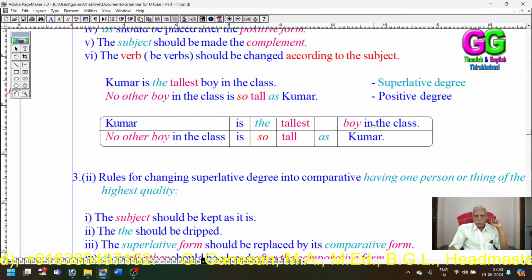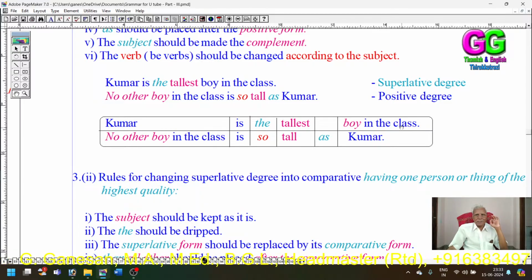So in the complement, before the singular noun, no other should be placed, and that group of words should be made the subject.